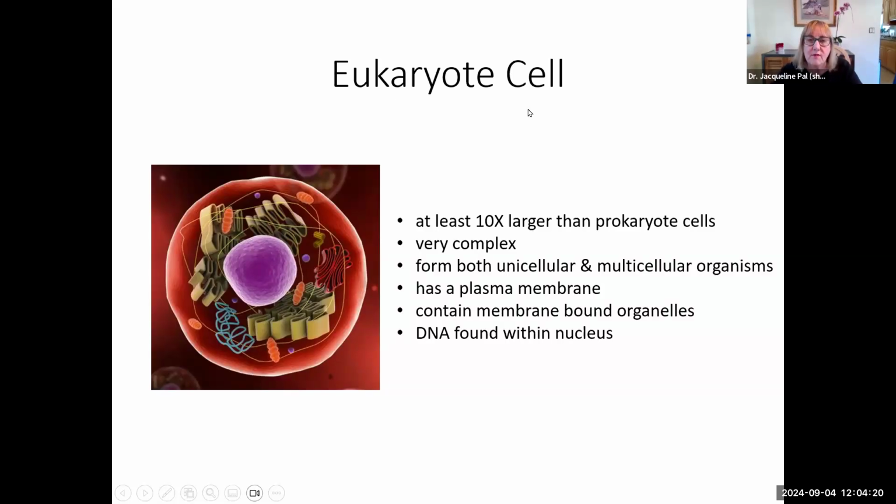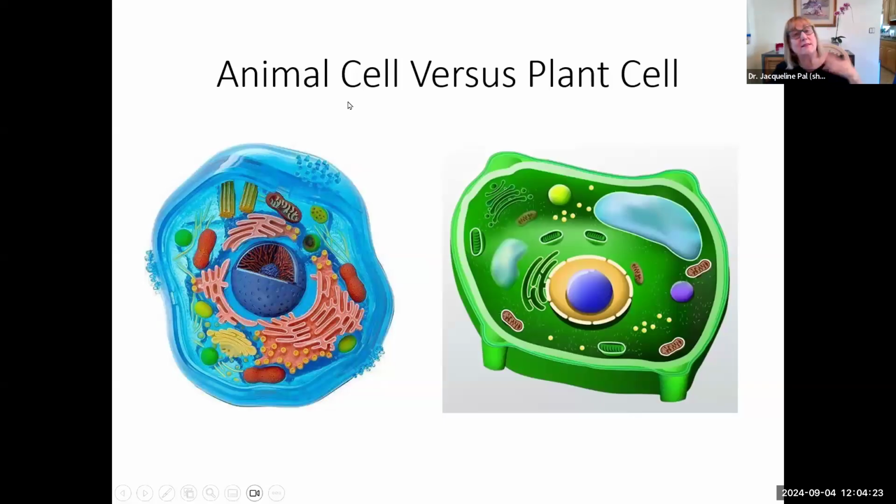So there are two types of eukaryotic cells. There are animal cells, that's what we are, and there are plant cells, that's what we are not. So two huge differences. Both are going to have plasma membranes, those cell membranes, but plant cells, outside the cell membrane, have a rigid cell wall. Inside the plant cell, they have a special type of organelle called a central vacuole.